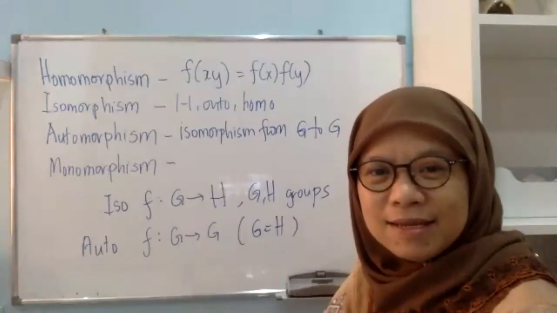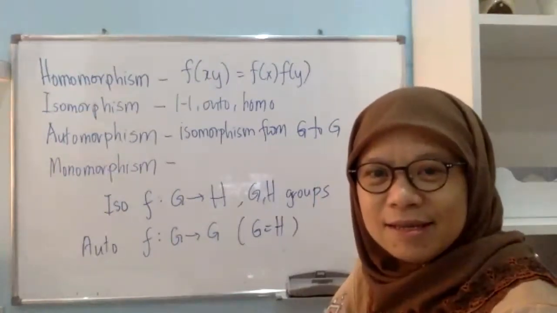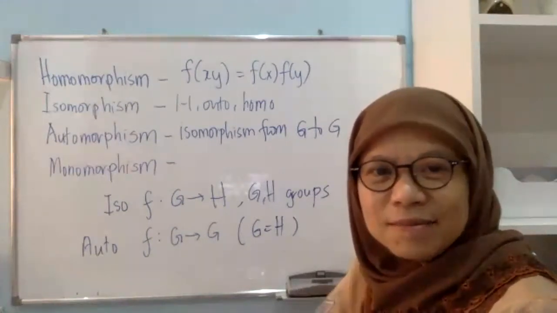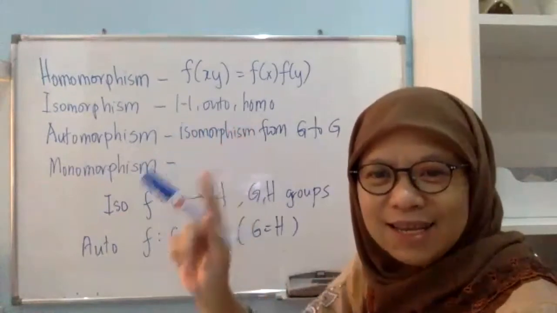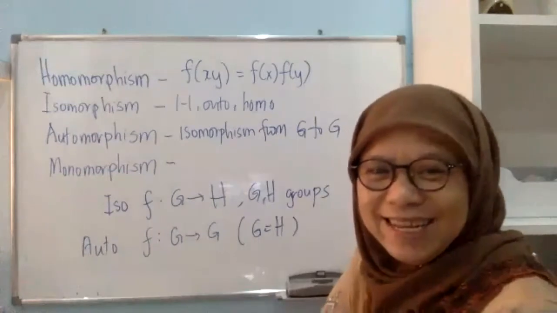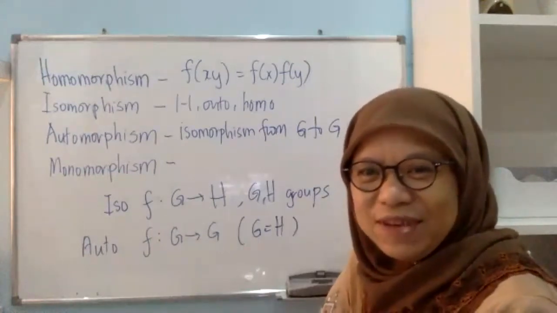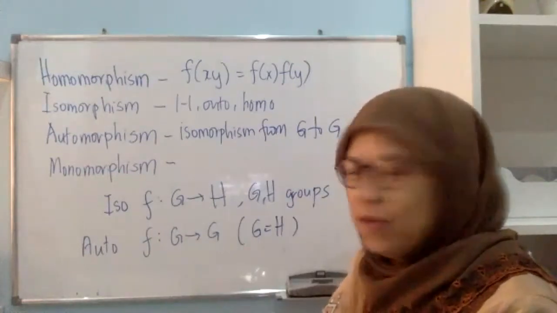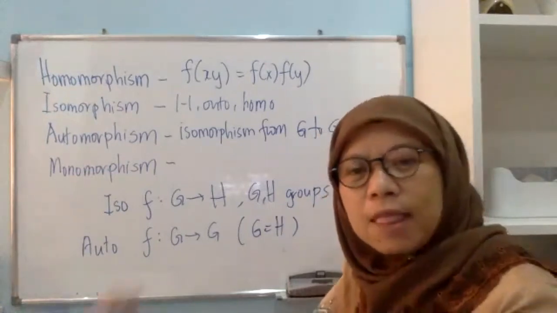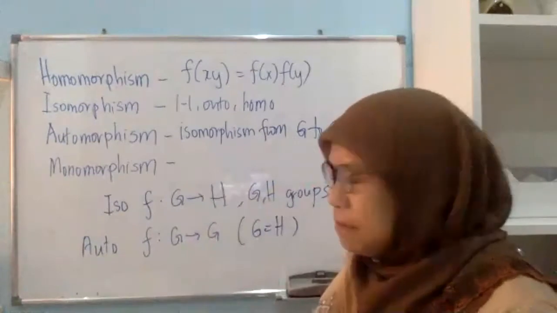Anybody? Raise your hand. Did you get it? If you use your phone, you cannot Google, then it's hard. If you have a laptop for this and another phone, can somebody Google for a bit? Ain, what is monomorphism?